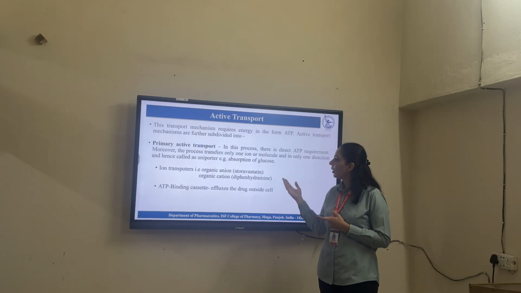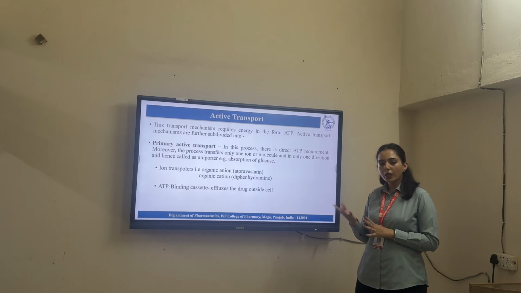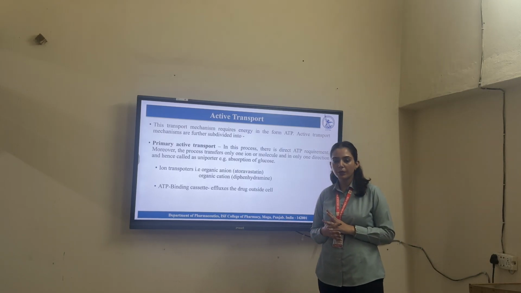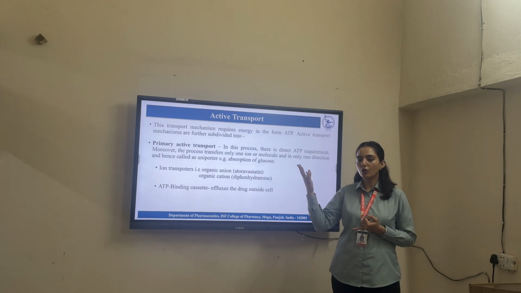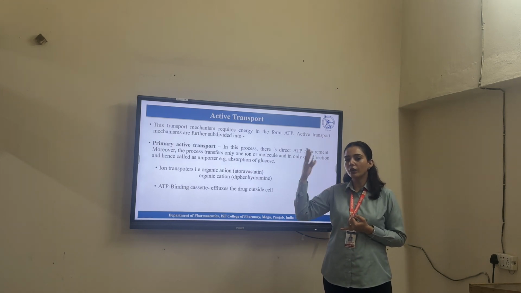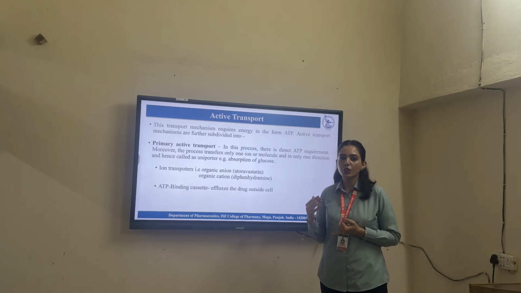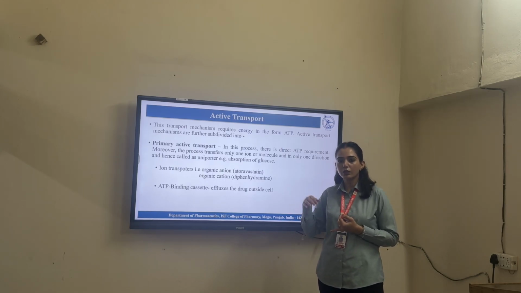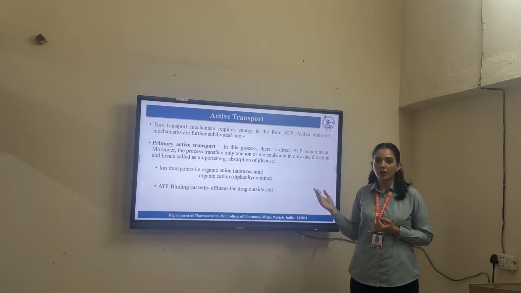In primary active transportation, there is a direct requirement and direct consumption of ATP for the movement of the drug, and the movement is against the concentration gradient, that means from lower concentration to higher concentration. That's why this process requires energy in the form of ATP.